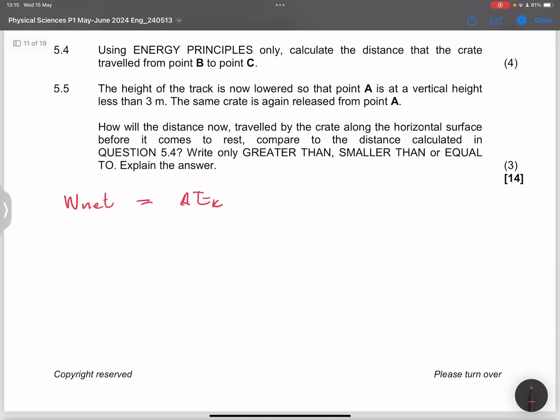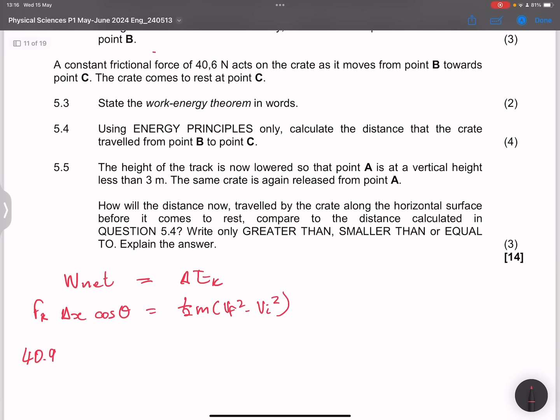So horizontally, the only force that's acting is the frictional force, and as such, it means that the net force is friction. So Fnet delta x cos theta would be equal to half m (vf squared minus vi squared). Right, frictional force, that's 40.6, we were given that value, times delta x.